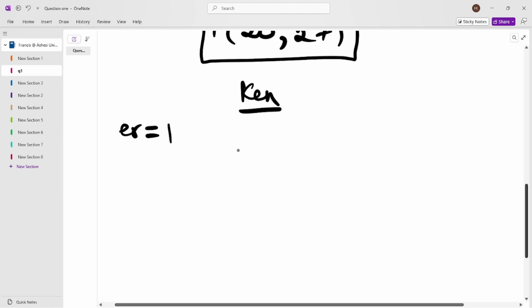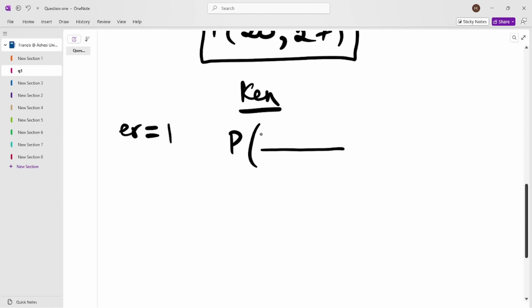For my first point, I have P into a fraction with numerator, open bracket, negative 2 times 5, close bracket, plus another bracket, 3 times negative 1, all over 1.